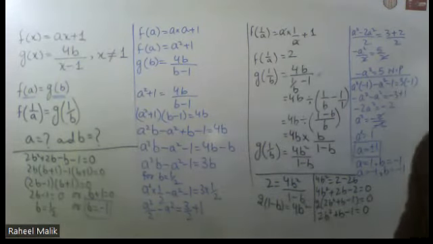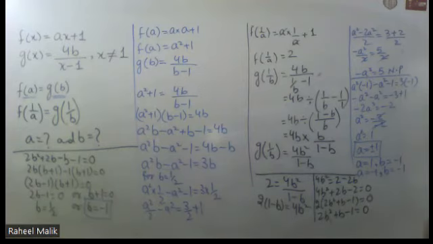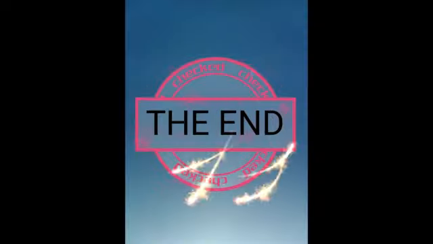Because they have asked in the question about the possible values of a and b. So see, a is 1 when b is minus 1, a is minus 1 when b is minus 1, and that's your final answer.